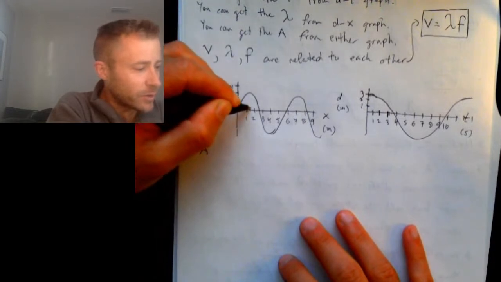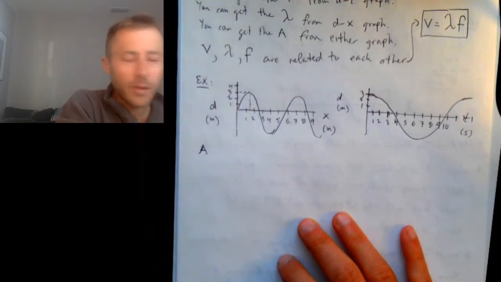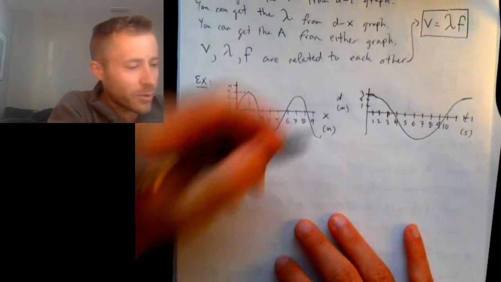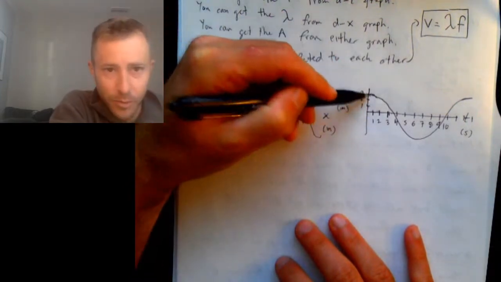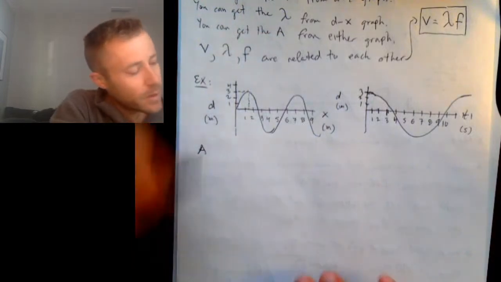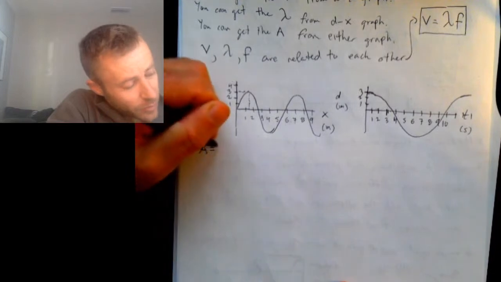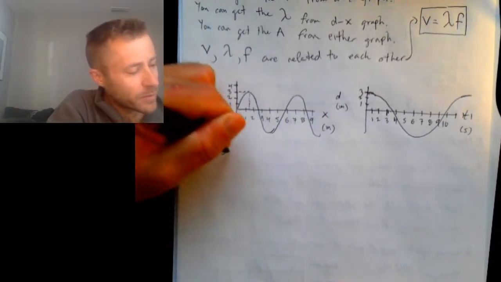So that is going to be this distance right here, which looks like it's about 3 meters. Notice how I could use either graph, because if I use this graph, I also get 3 meters. So the amplitude is 3 meters.